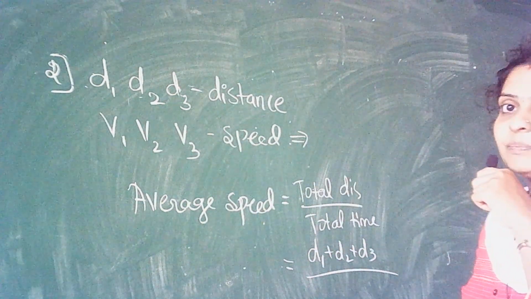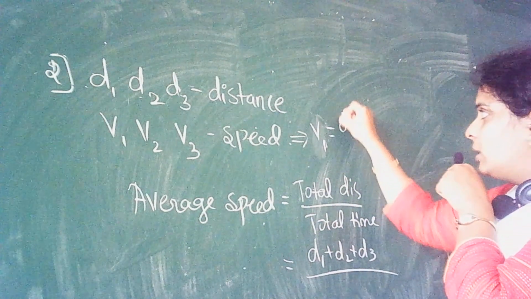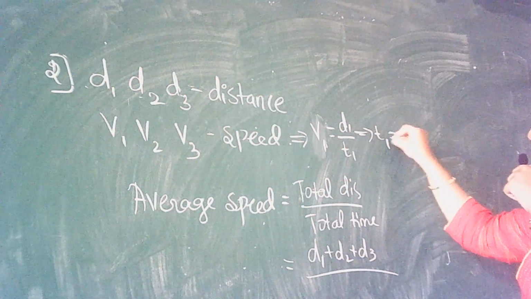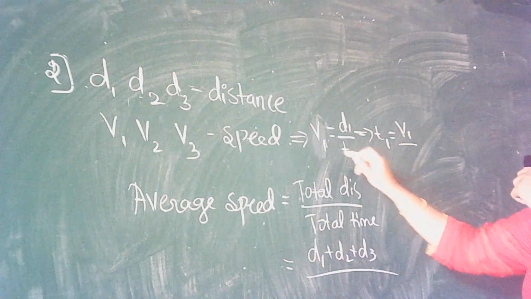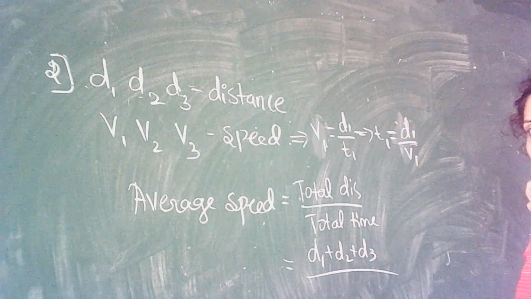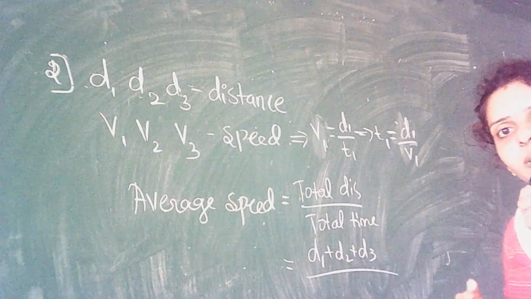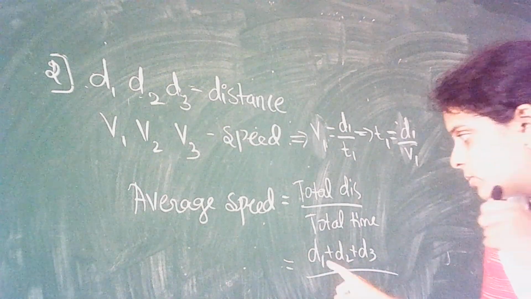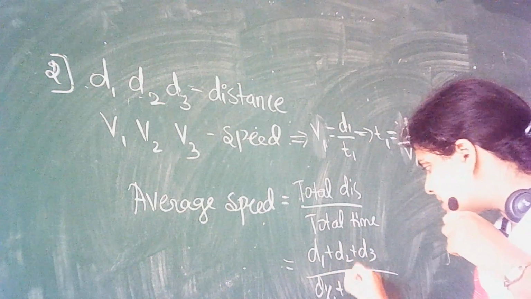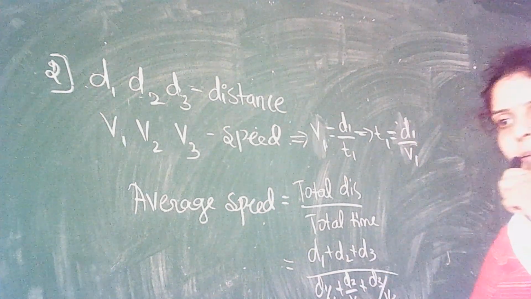Speed is equal to distance covered divided by time taken, so time is d1 by v1 plus d2 by v2 plus d3 by v3.